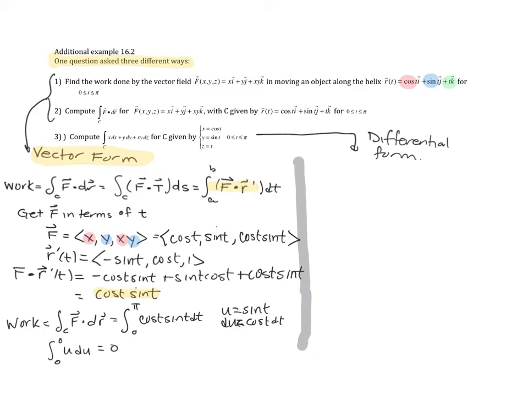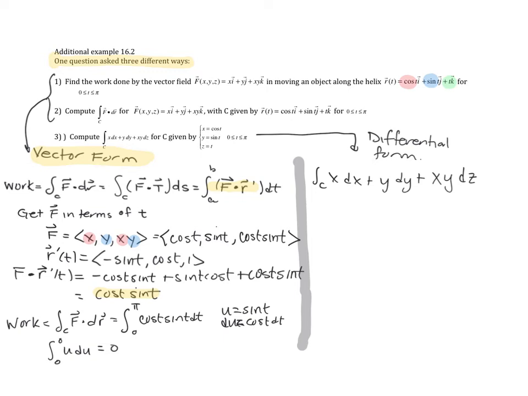If we do this in differential form, you're going to see that you're going to do exactly the same computations. It's just the notation is different. So if I'm going to compute this in differential form, I have x dx plus y dy plus xy dz.